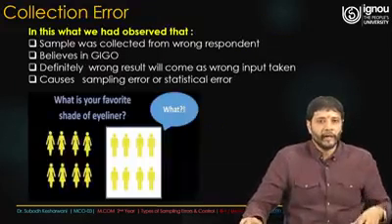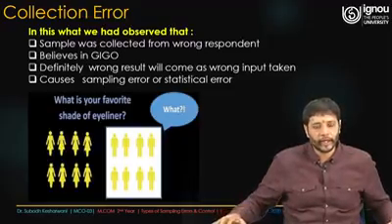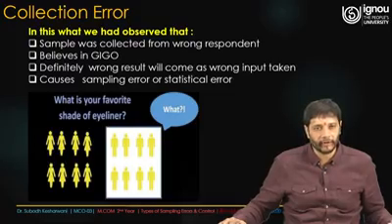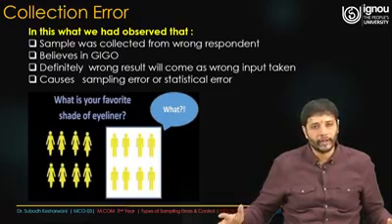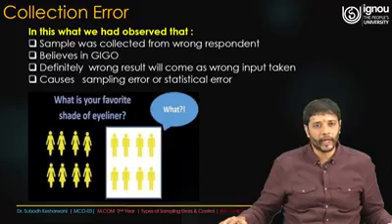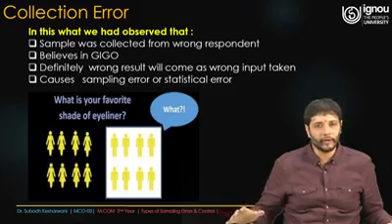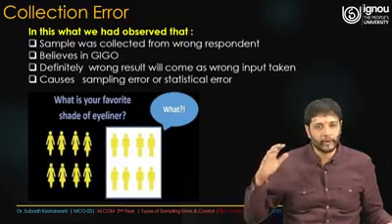Anyway, prior to going into the depth of this topic, as far as sampling error and statistical error are concerned, it starts with the collection error. So how are you going to collect the data? If you collect the wrong data, you are going to land up at the wrong results.